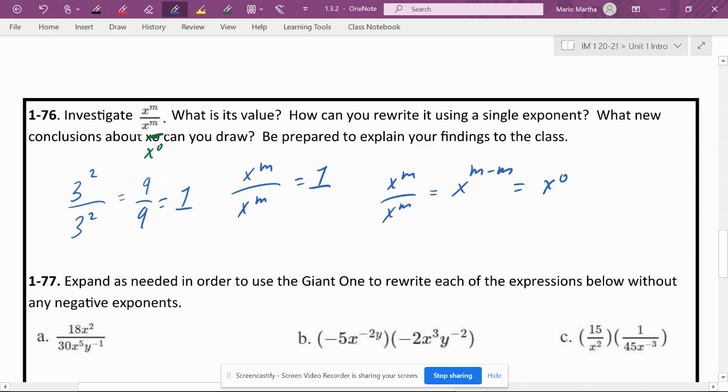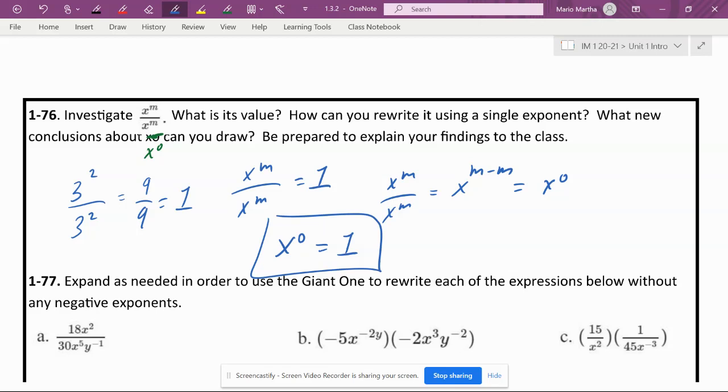And this is a very important conclusion that you have to connect, that x to the 0 is equal to positive 1. So this means that any number raised to the 0 power is equal to positive 1. There is one exception. You cannot raise 0 to the 0.